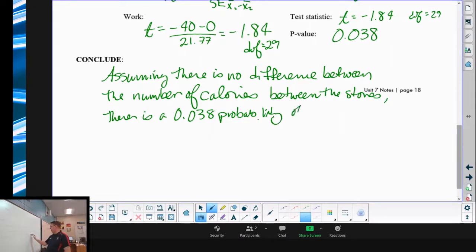Probability of negative 40 calories. So there's our interpretation.